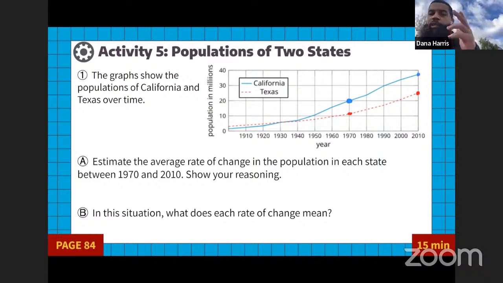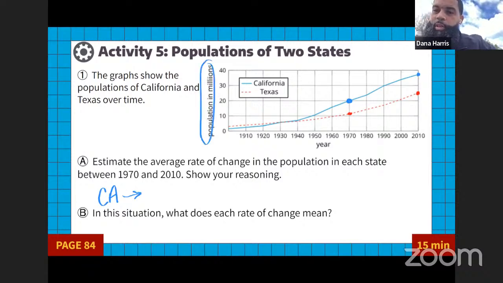All right, so let's talk about the average rate of change, right? When we estimate that for California, the population goes from 20 million to about roughly 30, I'd say 39 million.